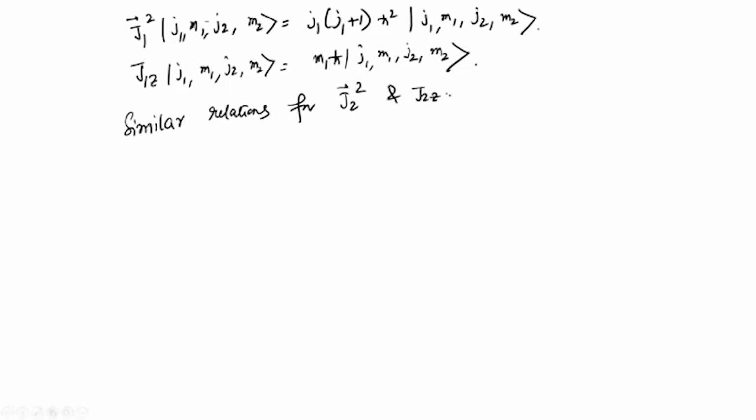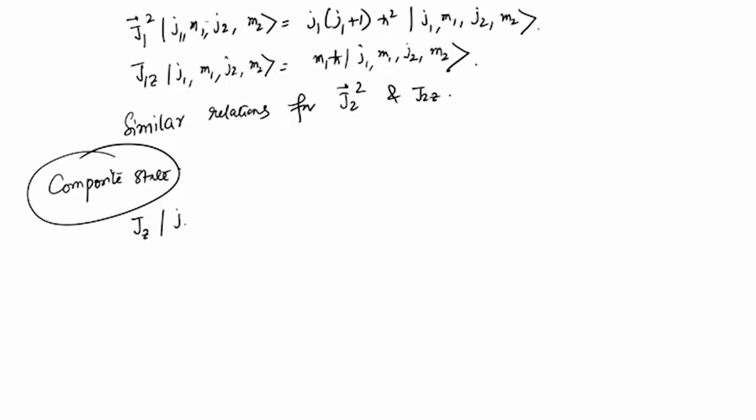Okay. So, now let us work with the composite state. Let us write down the composite operator, which is equal to J1Z plus J2Z, and let us see what that does to J1 M1 J2 M2. Okay.